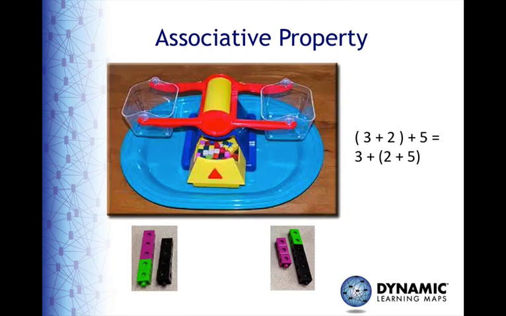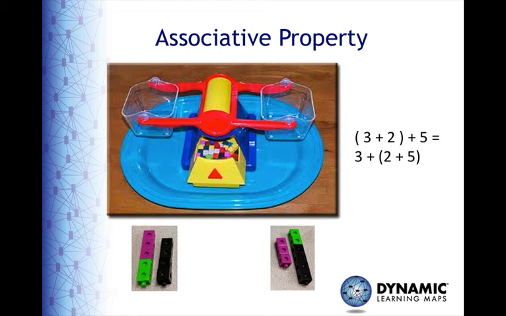So when you begin teaching this concept, discuss the base word of associative, or associate. Explain that associate means to put things together or to group them. Show them an equation with parentheses and talk about how the parentheses group numbers together and tell you to add them first.